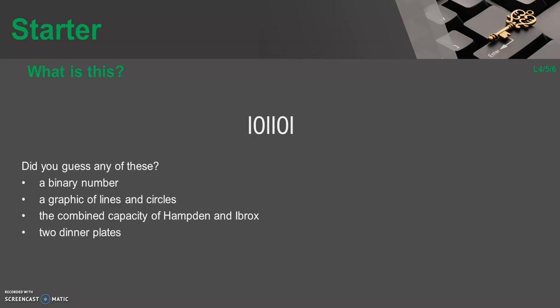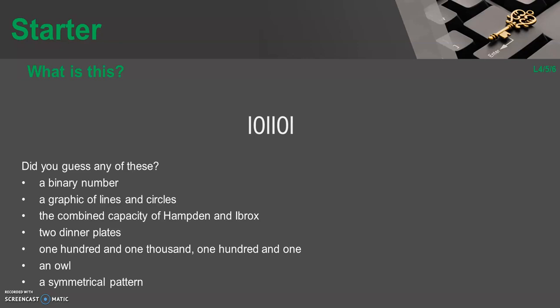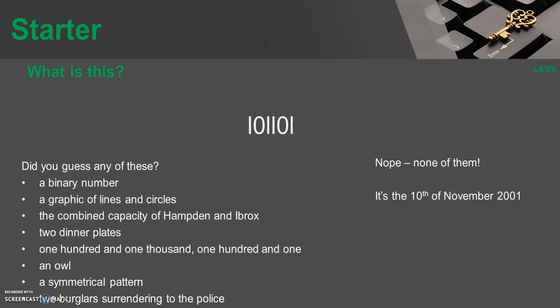Two dinner plates? 101,101? An owl? A symmetrical pattern? Two burglars surrendering to the police? Or did you guess something else? No, it's none of these. It's the 10th of November 2001.